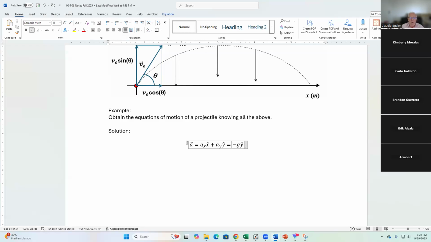Since we have only a y component for the acceleration, it means that the acceleration along the x direction is going to be 0, right?